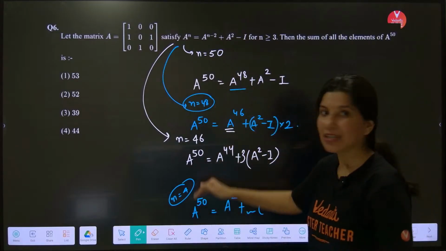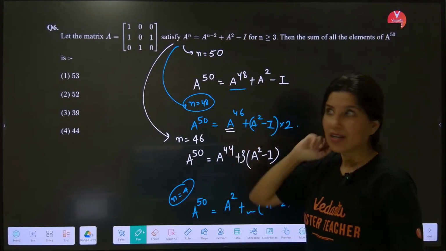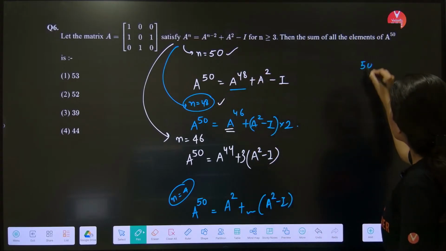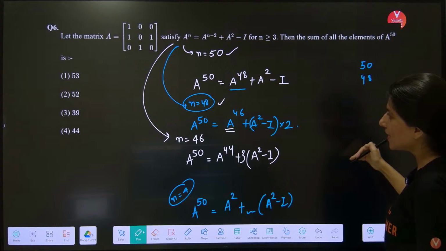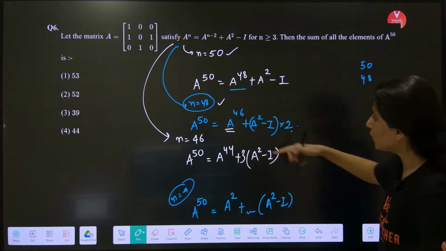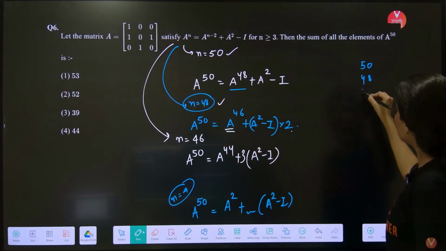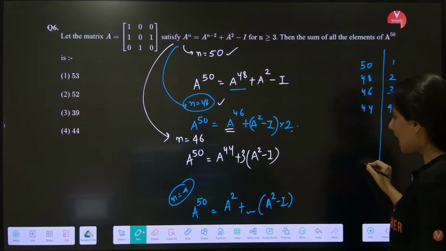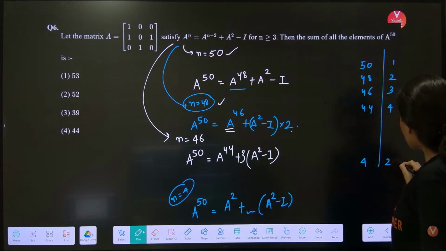You are only putting even numbers. You are counting, na? 50, 48. At 48 you are getting 2. At 46, 3. Okay, so 1, 2, 3. At 44 you are going to get 4. And at last, the moment you get 4, you are going to get 24.